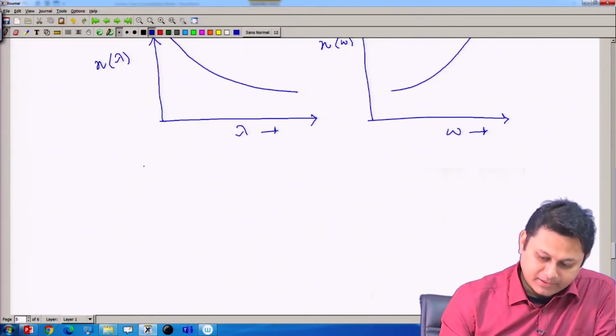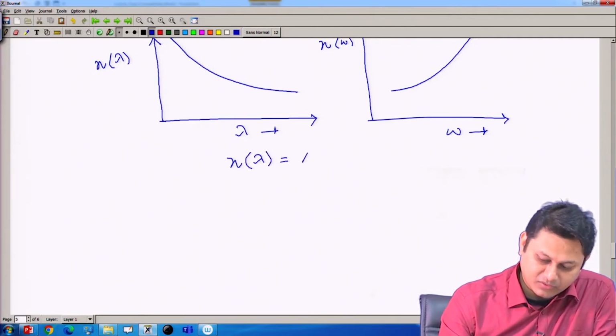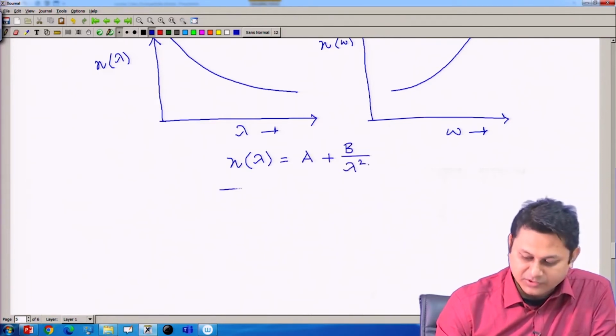So, this equation follows the Cauchy's relation. If I write the Cauchy's relation side by side, this equation is following this. So, it is very much in the normal dispersion regime.